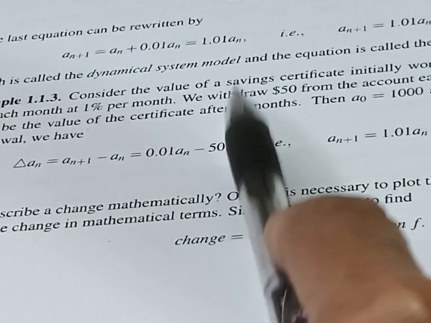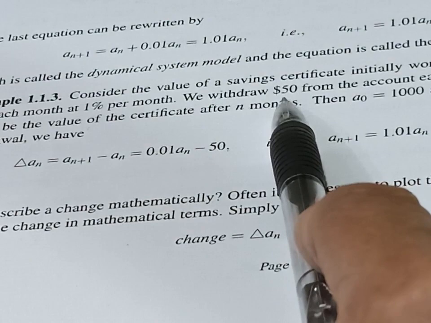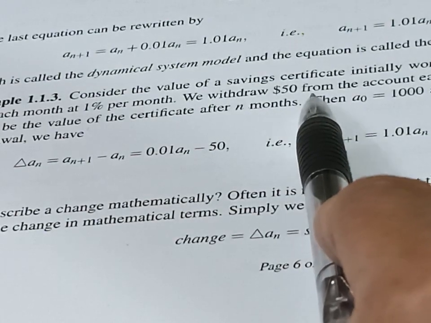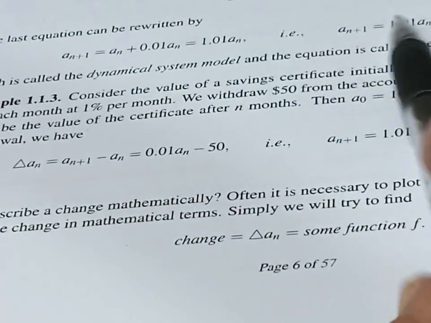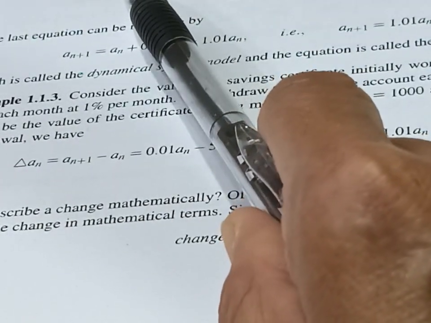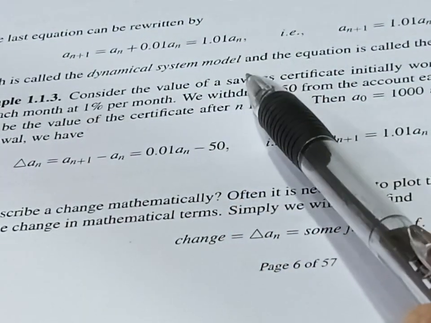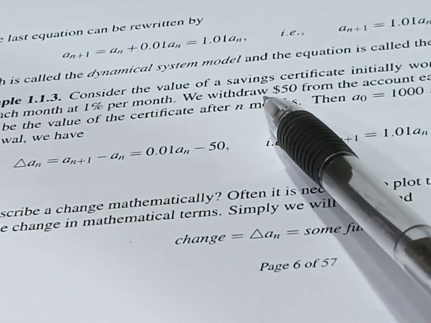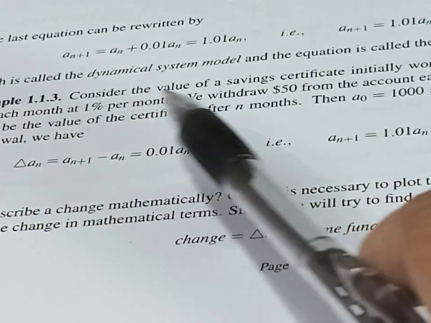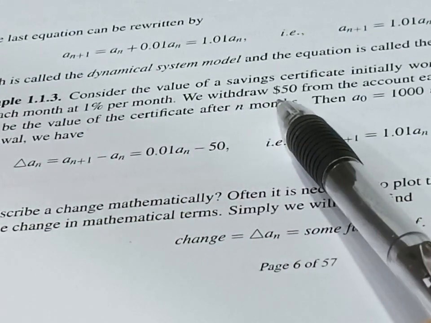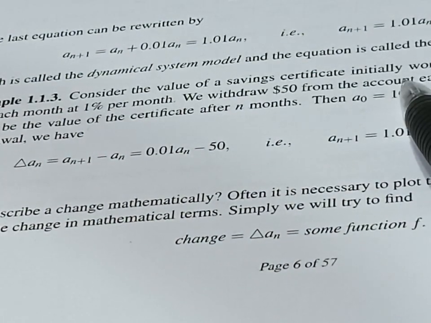We withdraw $50 from the account each month. The difference from the earlier example 1.1.2 is that there we do not withdraw any amount from the account. In this example, we withdraw $50 from the account each month.